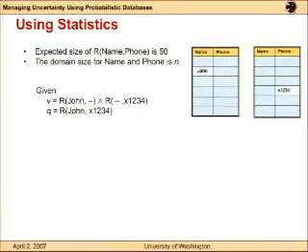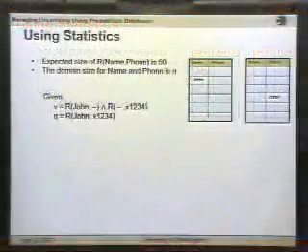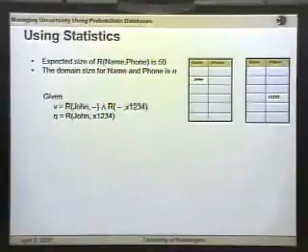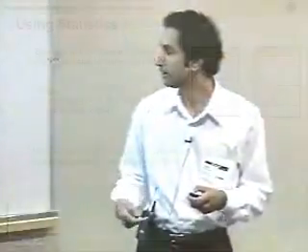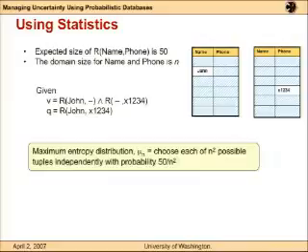Let's go back to our example and see how the semantics work on this example. You have the statistics that the expected size is 50, and you see the following two facts given by V, and you want to find the probability of this query Q. First, let's look at the maximum entropy distribution given the statistics.